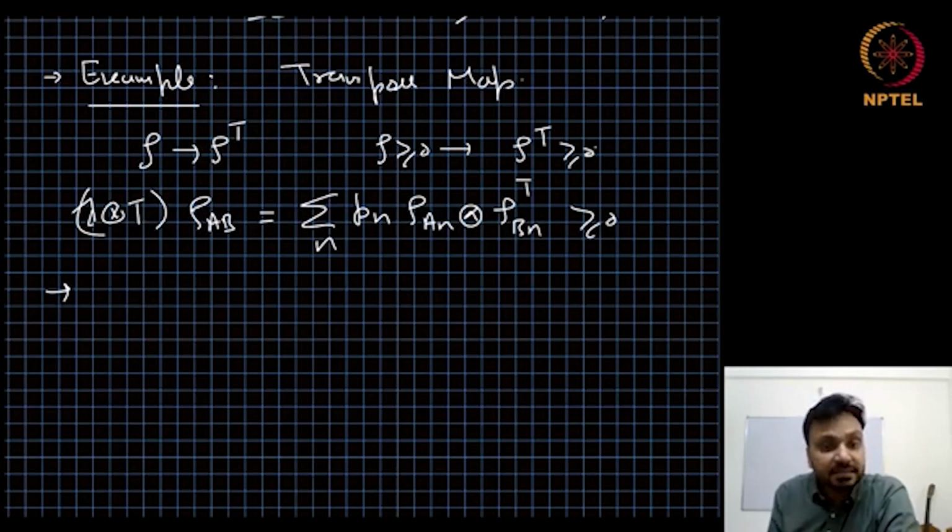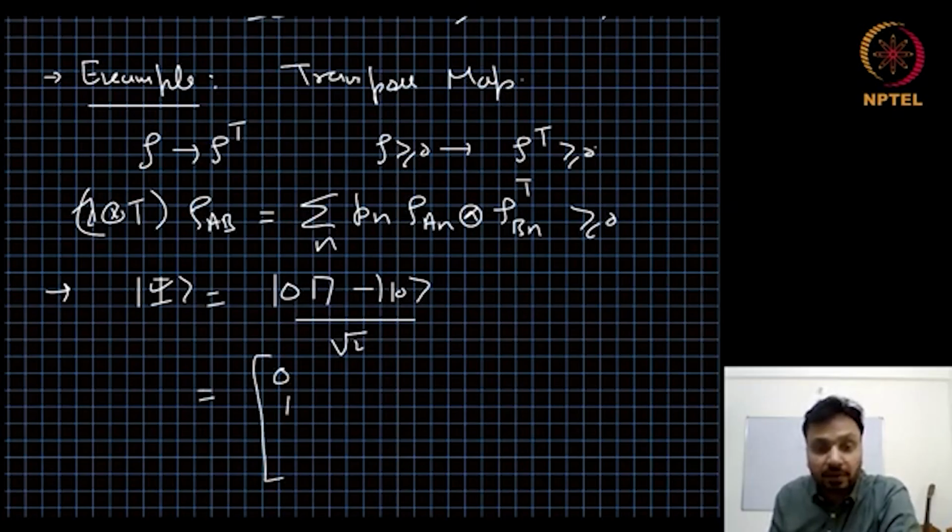So let us take a state psi, which is (|01> minus |10>) over root 2. In a vector form, it will be 0, 1 minus 1, 0 over root 2.